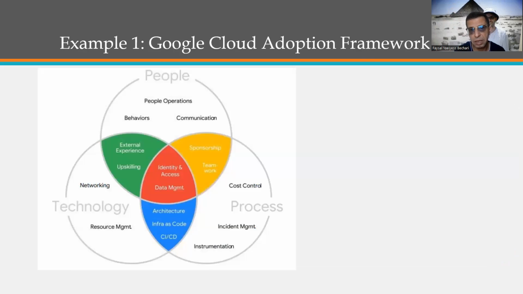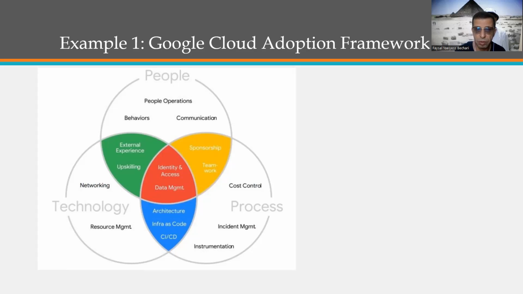So if you look at this example, it is basically people: operations, behaviors, communication; then process, like cost control, incident management; and the technology, the networking, the resource management.